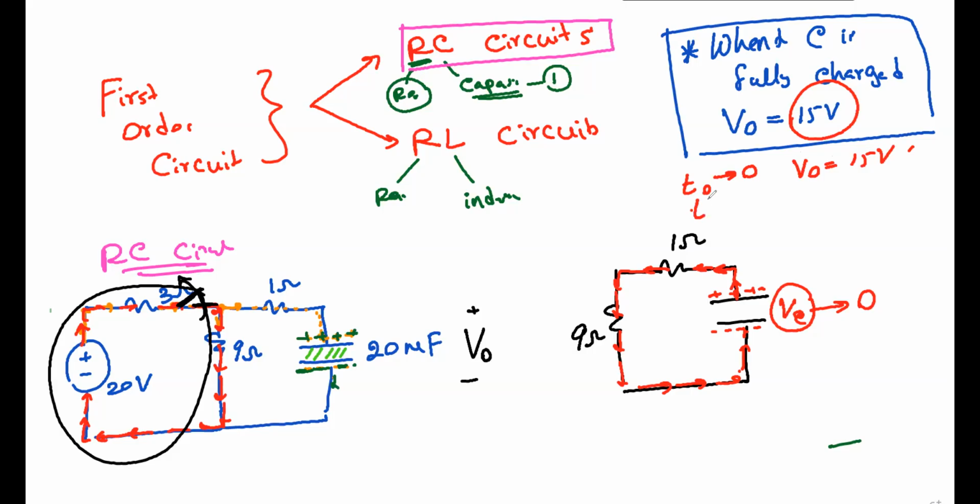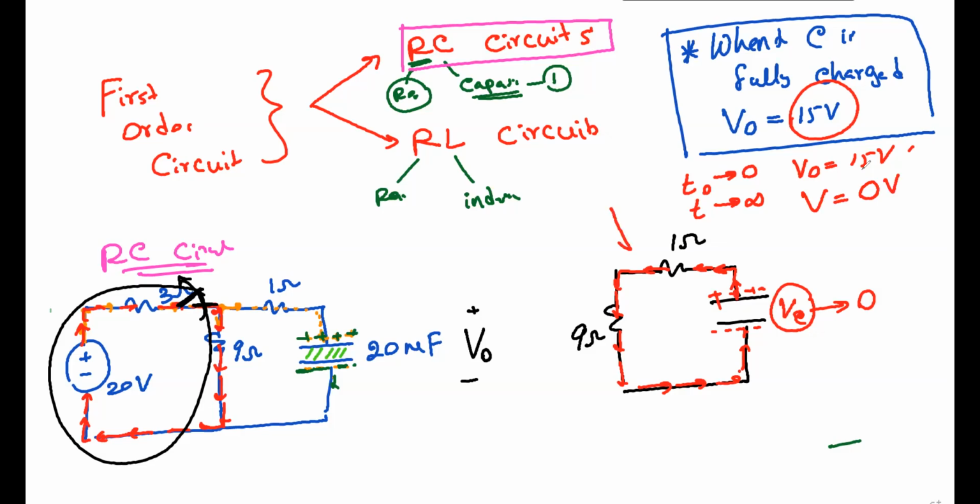Yes, it was fully charged. When it was fully charged, the voltage across the capacitor was 15. Now, when the time goes to infinity, that means when it is fully discharged, the voltage across the capacitor became 0 volts. Is that right?